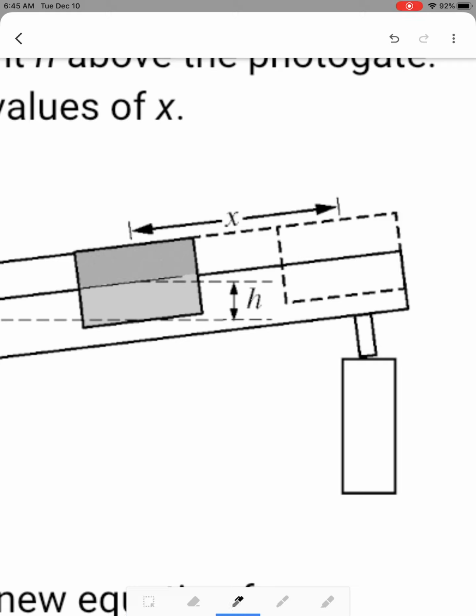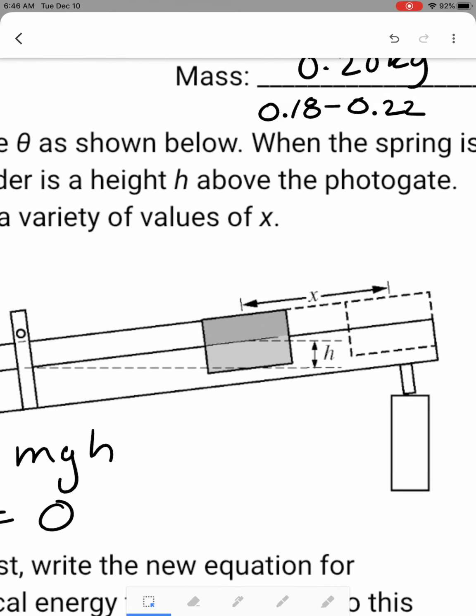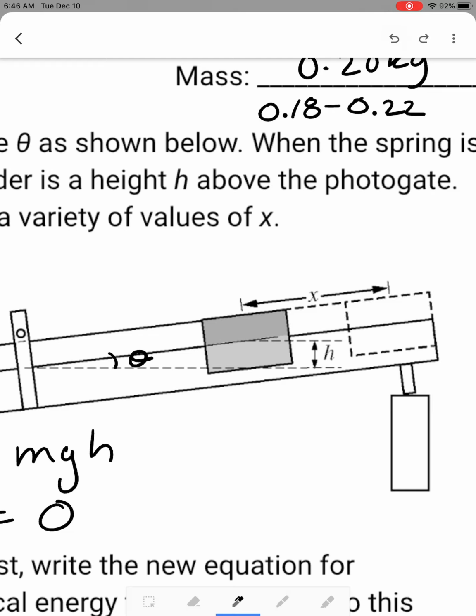Now this angle theta is right about here. All right. So we want to figure out how much height x adds. If I displace the mass this length x, how much height does that give me? All right. So if I look at this, it's going to go about this much higher.